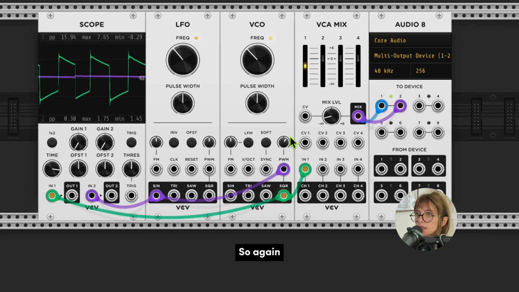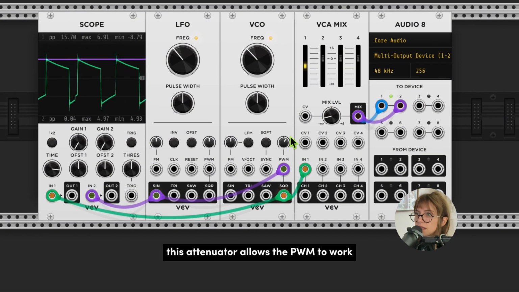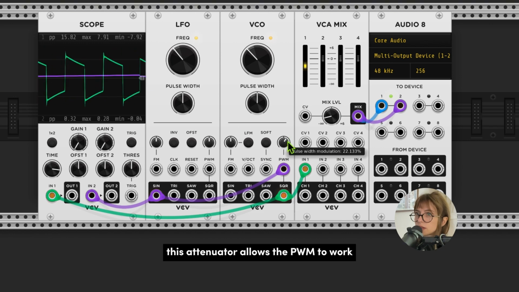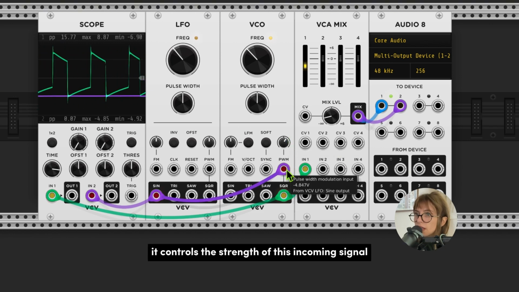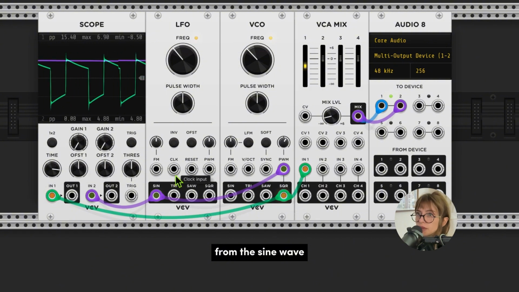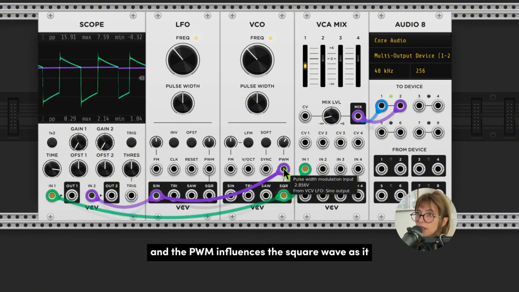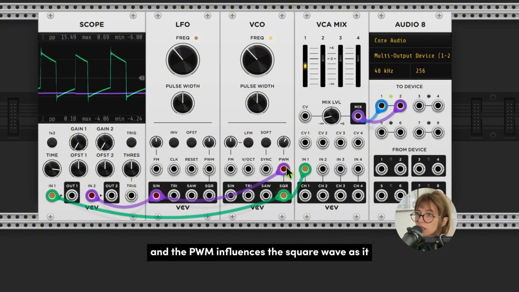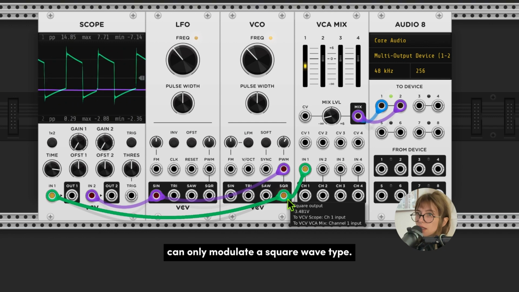So again, this attenuator allows the PWM to work. It controls the strength of this incoming signal from the sine wave, and the PWM influences the square wave, as it can only modulate a square wave type.